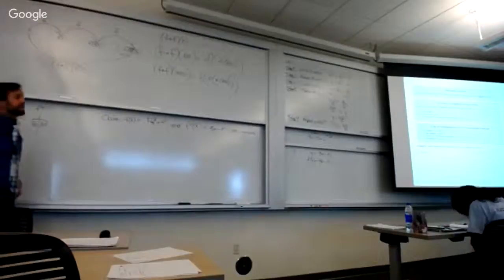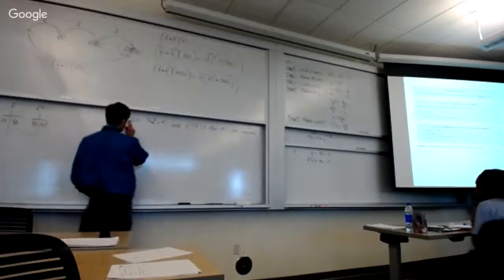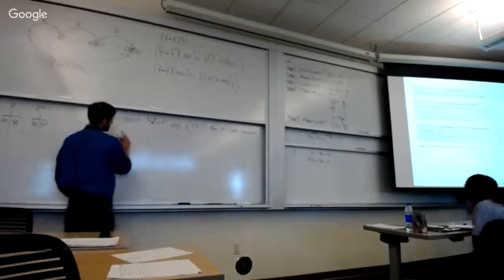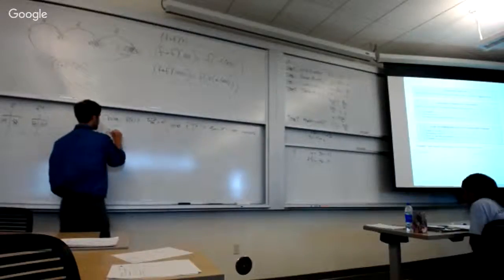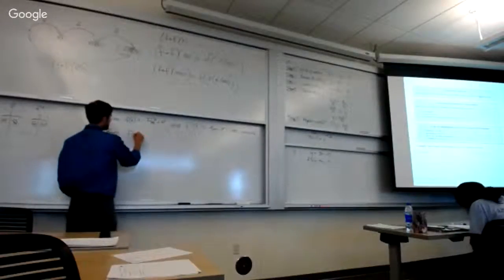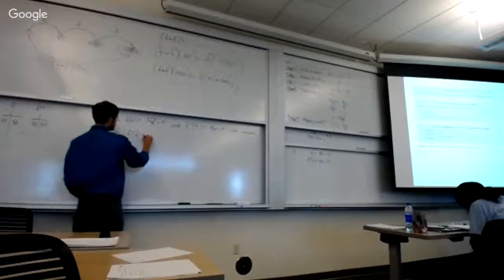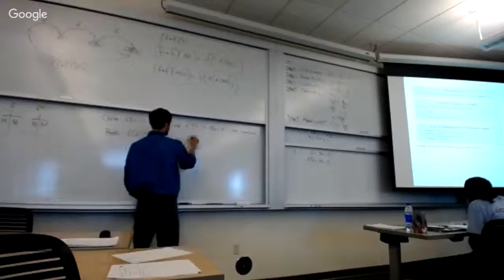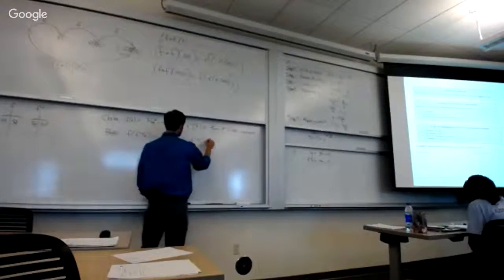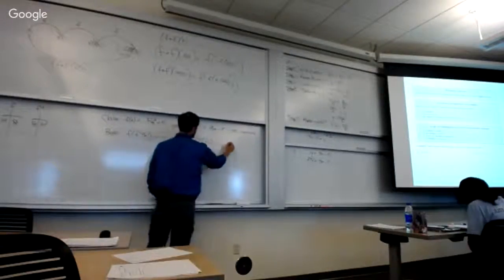Okay, so here's the definition. For two functions to be inverses, two things have to be true. Both f of f inverse of x has to equal x, and f inverse of f of x has to equal x.